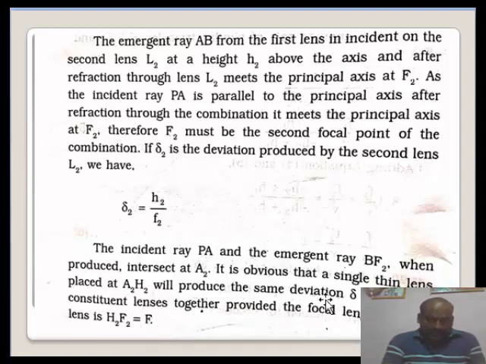What we learn from this paragraph is that the combination of lenses produces a deviation equal to that of a lens placed at the A2 H2 point. So delta is the sum of the deviations, delta 1 plus delta 2. That is equivalent to the combination of the two lenses.